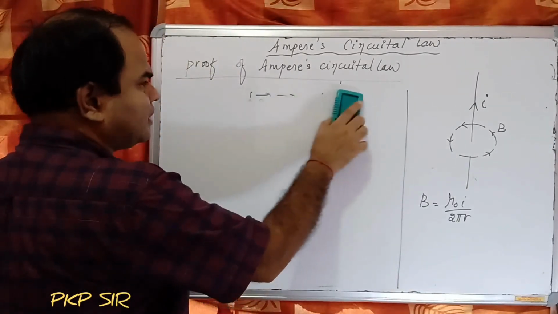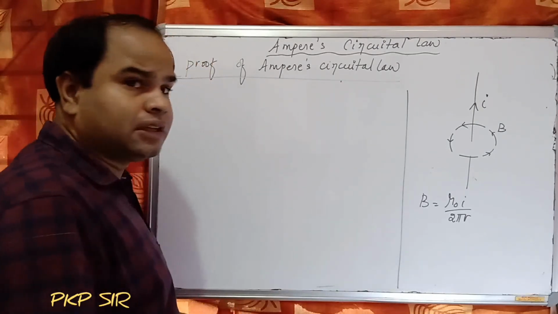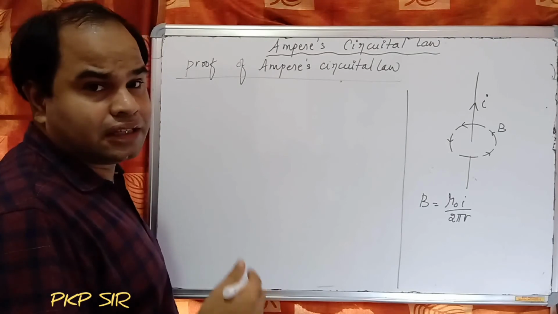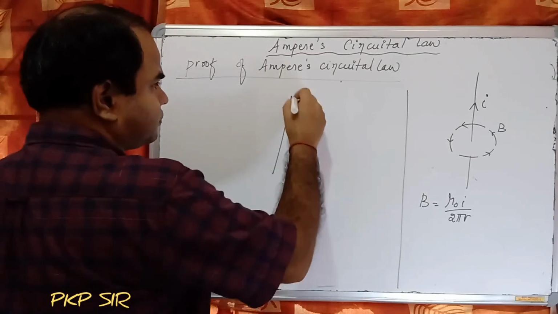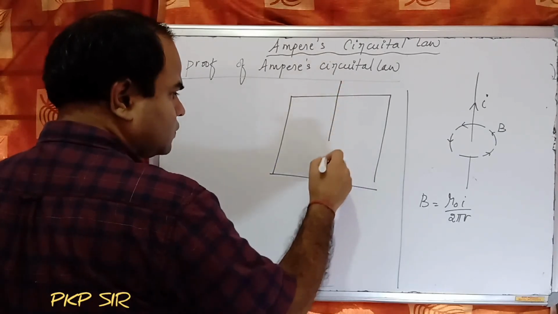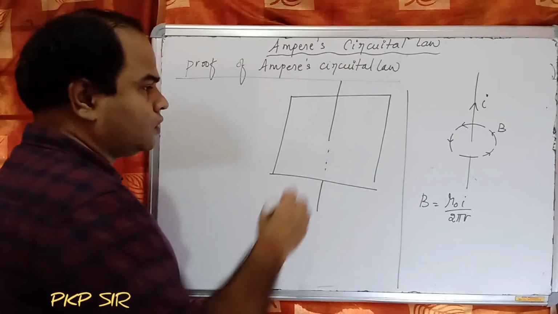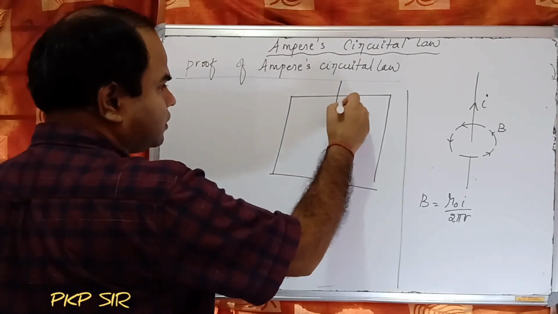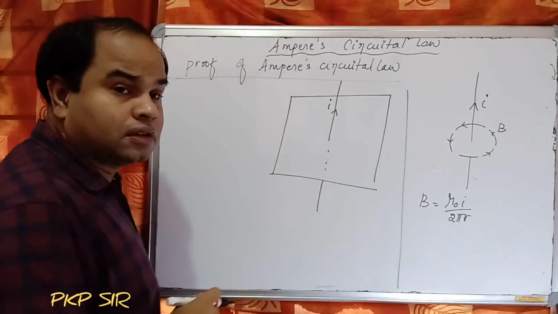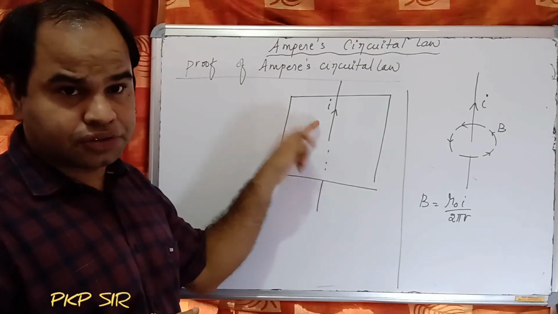Let us consider an infinite current carrying conductor carrying current I in upward direction.